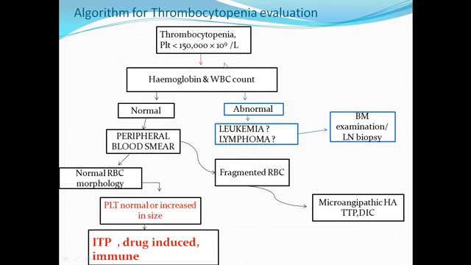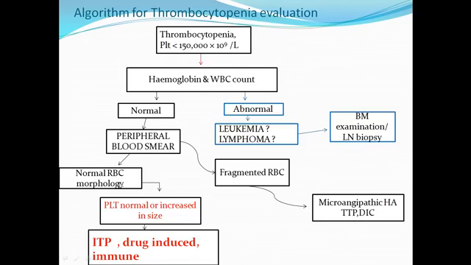And if it's normal, then we have to look towards the peripheral blood smear, that is PBF. If the peripheral blood smear finding is normal for RBC morphology, then we look towards the platelet, whether it is normal or increased in size.